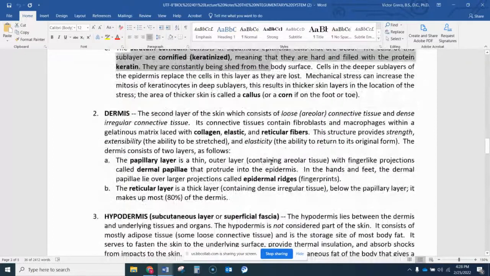Then we get to the dermis. The main cells in the dermis that we have the most of are fibroblasts because they secrete fibers like collagen for strength and elastic, and reticular fibers as well. There's also macrophages, right? So there's fibroblasts and macrophages to fight infection in the dermis.